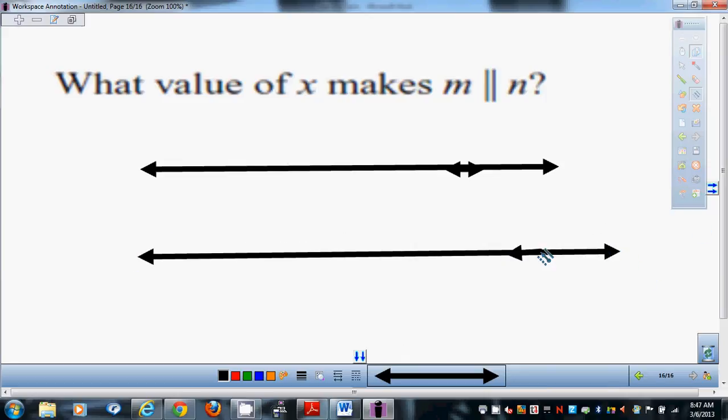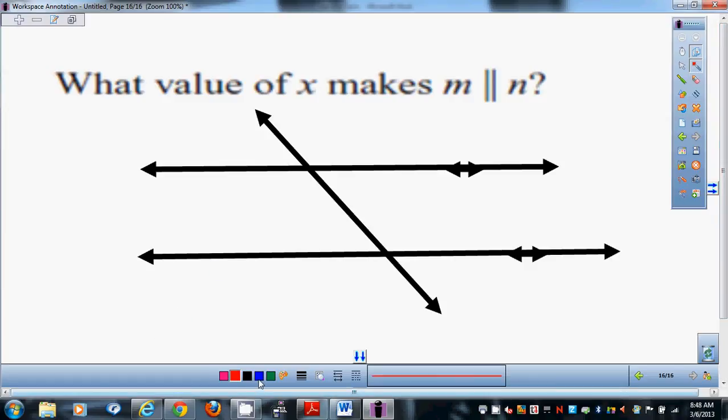So let's just do an example. What if it gave you this one, and this one? Now, just answer me this. In this picture, Sage, do these need to be congruent or supplementary? That's right.